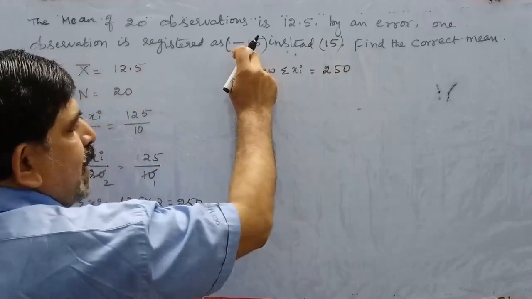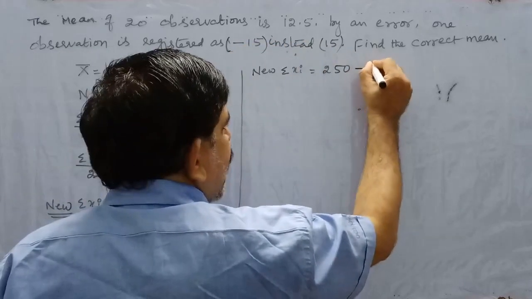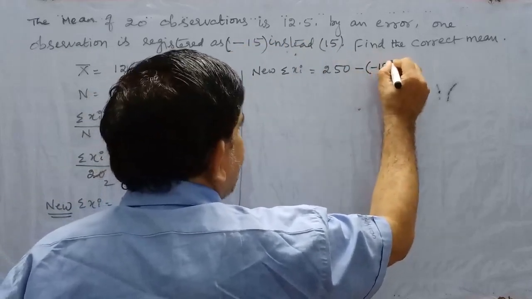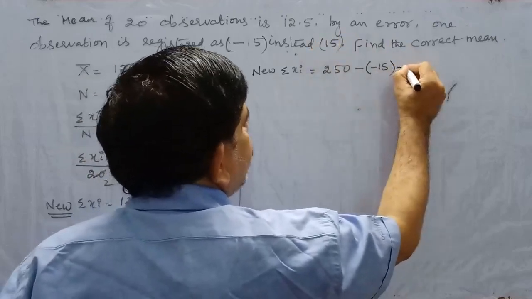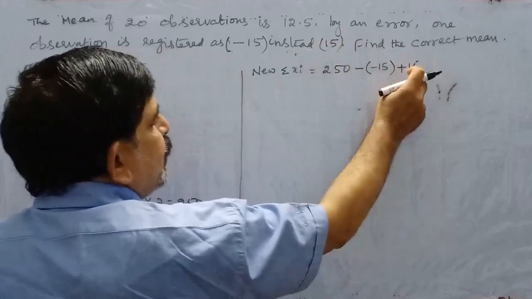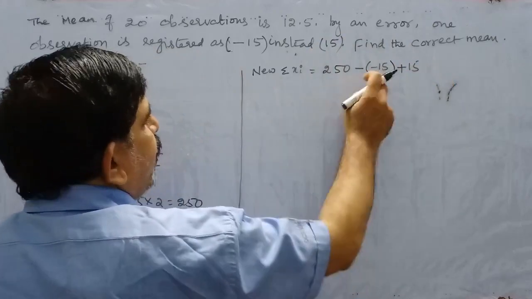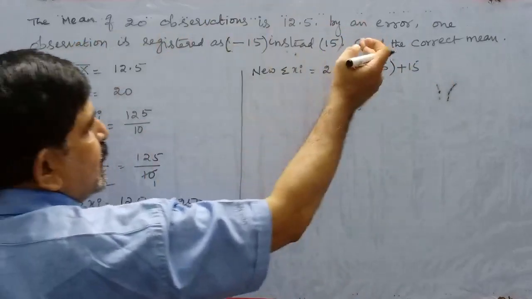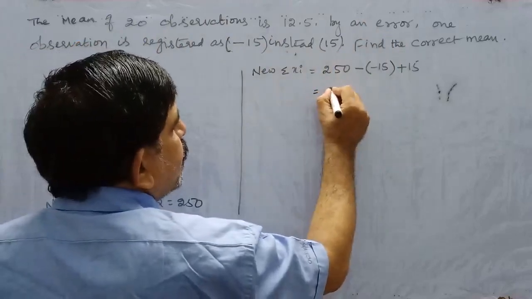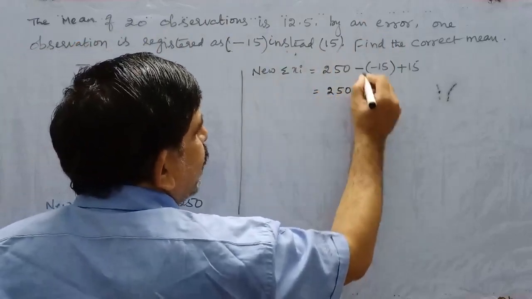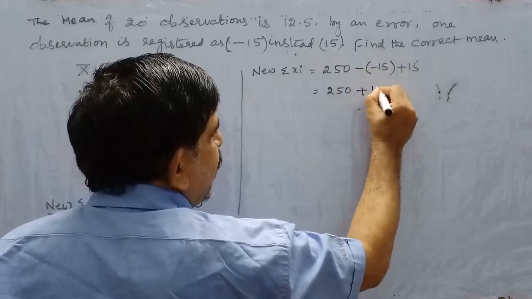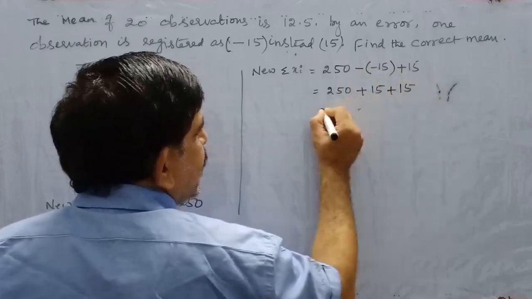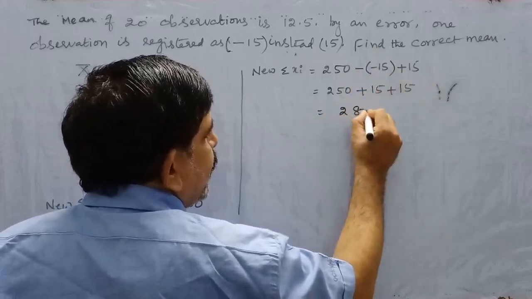We have to delete this minus 15, so minus of minus 15, and we have to add plus 15 because this is the original observation, and we have to delete this registered observation which is an error. So 250 minus into minus, plus 15, plus 15, that is equal to 280.